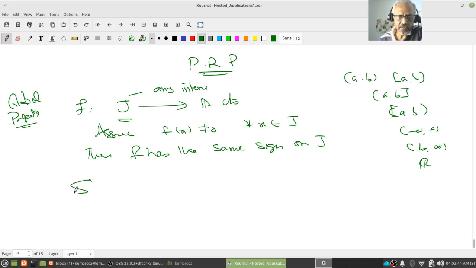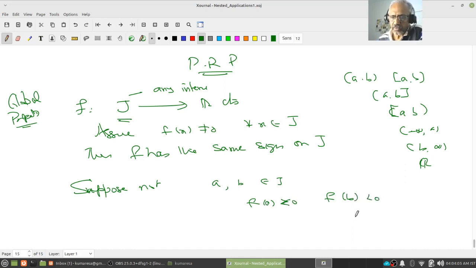Now why should this be true? Suppose not. That means there exist a and b in J such that f of a is negative and f of b is positive.